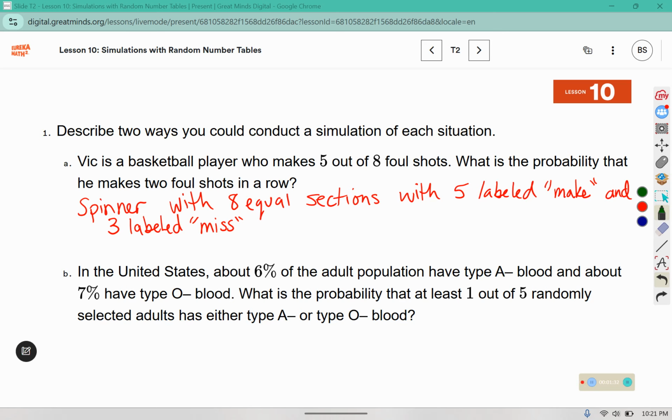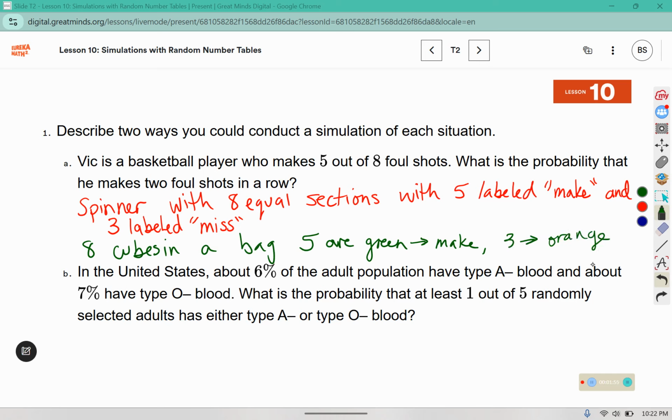You could also do 8 cubes in a bag. You could do 5 of them are green to represent making it, and then the other 3 are a different color to represent missing.